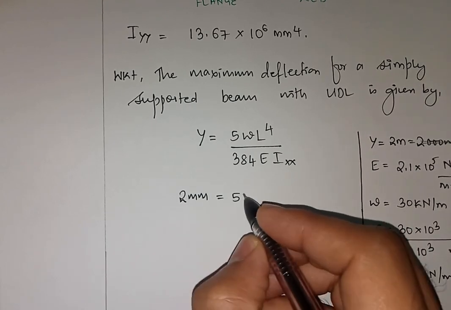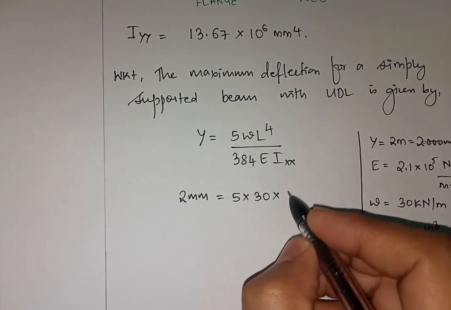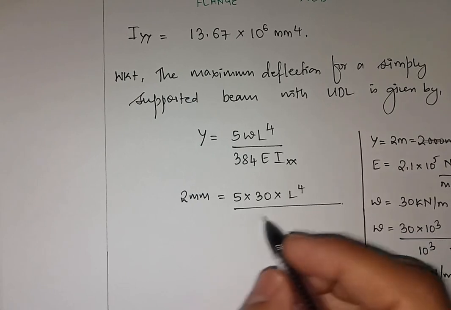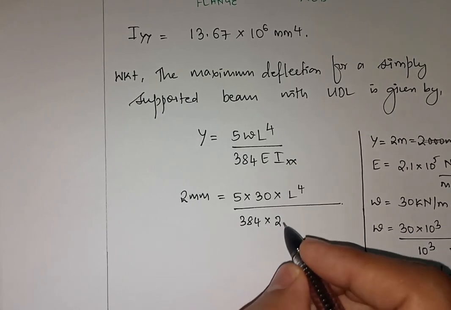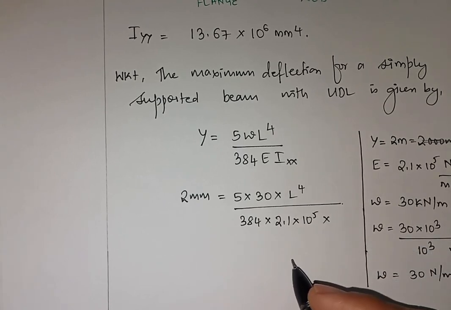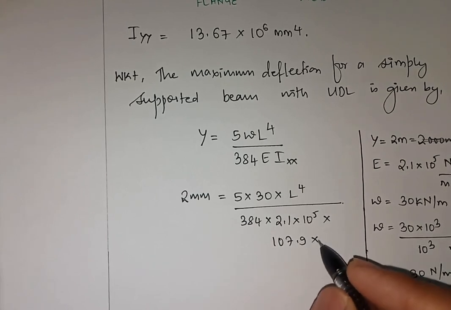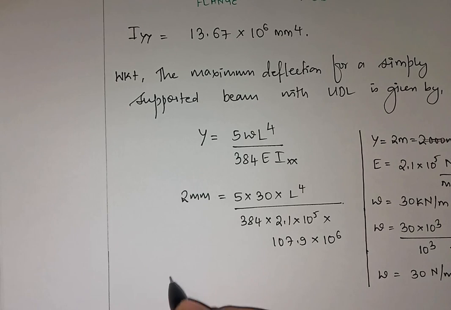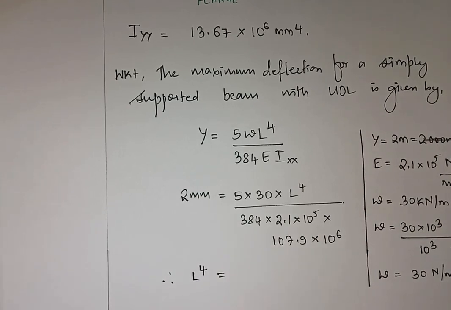So then it is 5 into W value is 30 and L value is unknown, divided by 384. E value is 2.1 into 10 raised to 5 into IXX value is 107.9 into 10 raised to 6. Right, so therefore let me check out what is the value of L raised to 4.